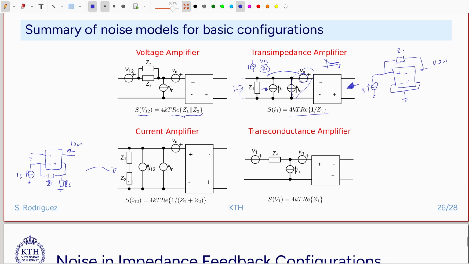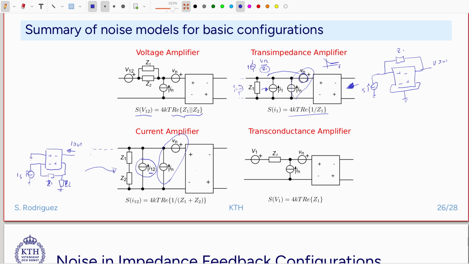These impedances are in series, and the current of this series impedance will be here, Z1 plus Z2, and then we will have the input referred noise of the amplifier itself. And then we have exactly the same situation as we saw before.